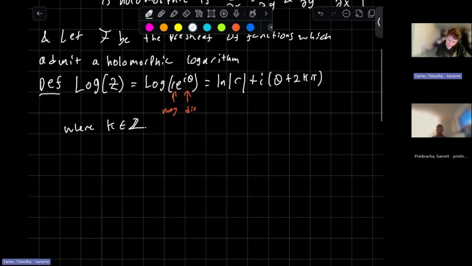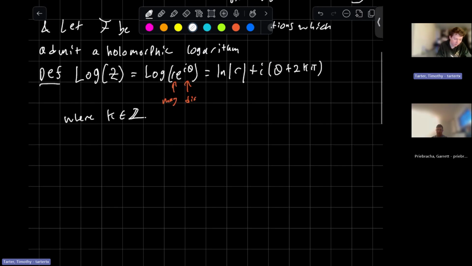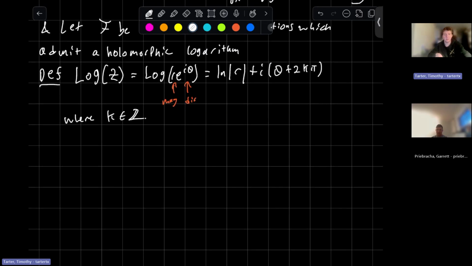Yeah, so this is the complex logarithm. So now, what is the criterion for a function to admit a complex logarithm? The function must be nowhere 0.